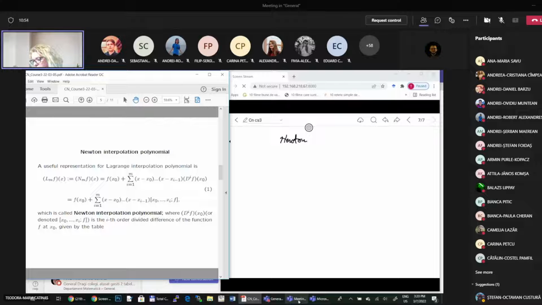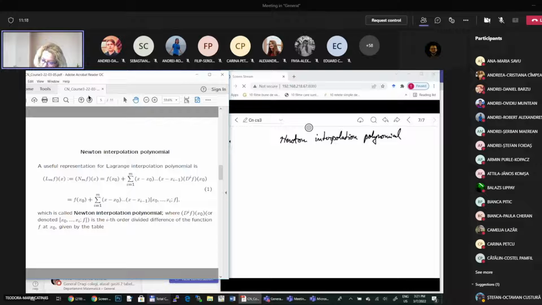The polynomial is a Lagrange polynomial in Newton form, or just Newton interpolation polynomial.